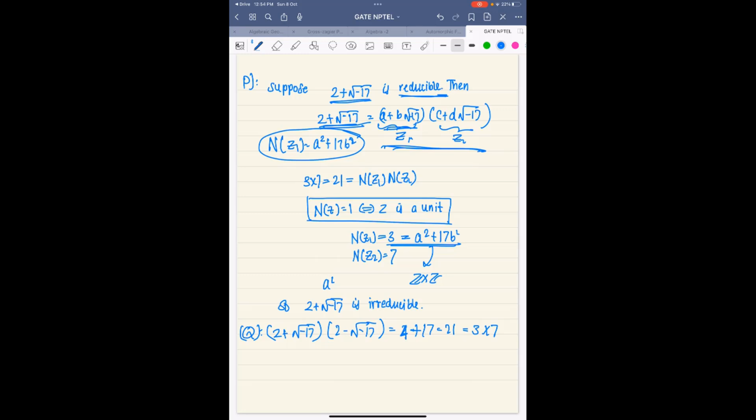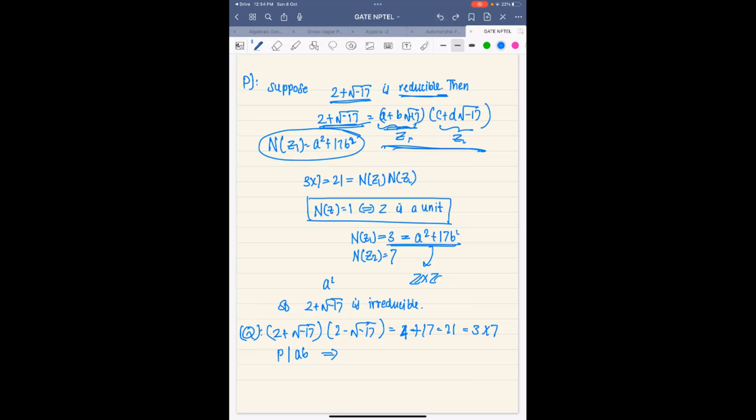So to check that an element is prime, what is the definition of prime?